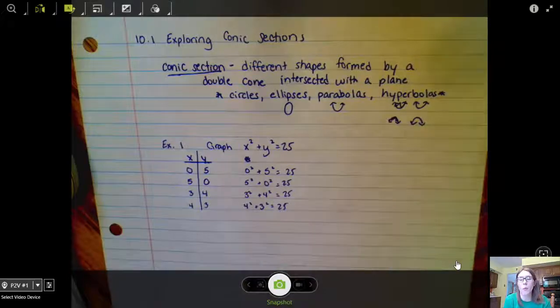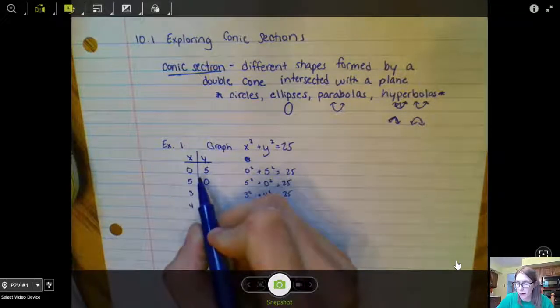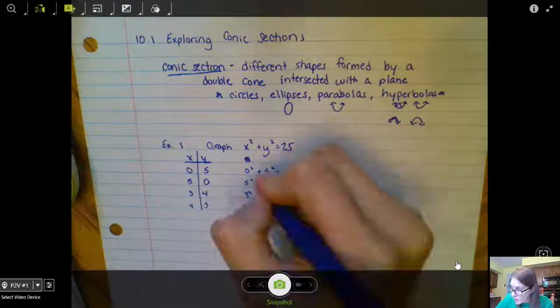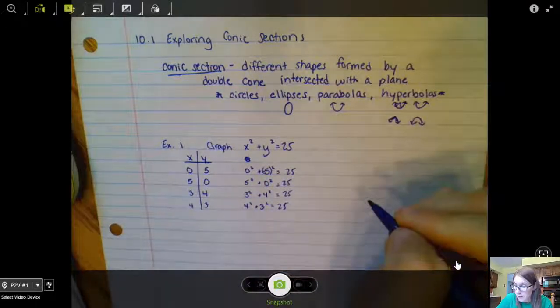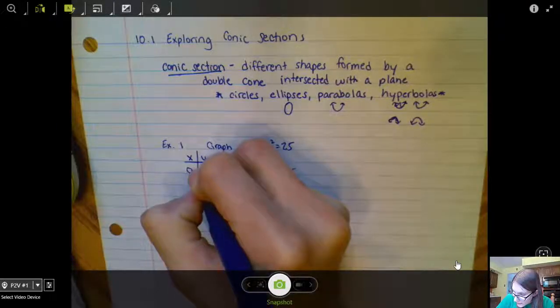Now, are there any other ones that we can come up with? Well, let's look back at this first one, 0, 5. Y could be negative 5 also. Because if I take negative 5 squared, I still get 25. So this y value could be positive or negative.